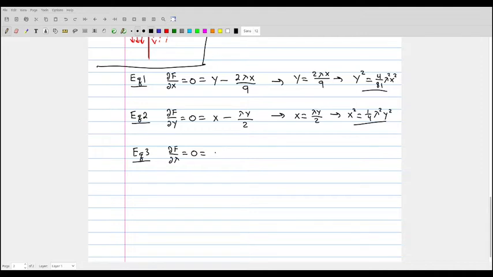And this is going to be negative times (x over 3) squared plus (y over 2) squared minus 1 has to be equal to 0, which is just the equation of our constraint, (x over 3) squared plus (y over 2) squared is equal to 1.